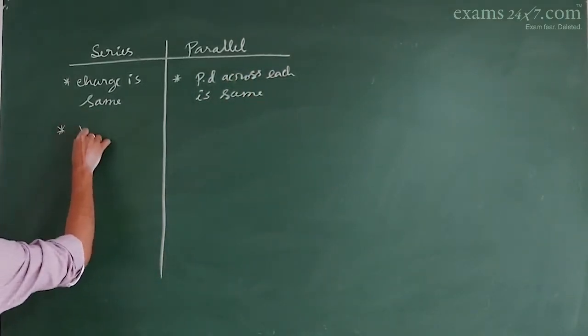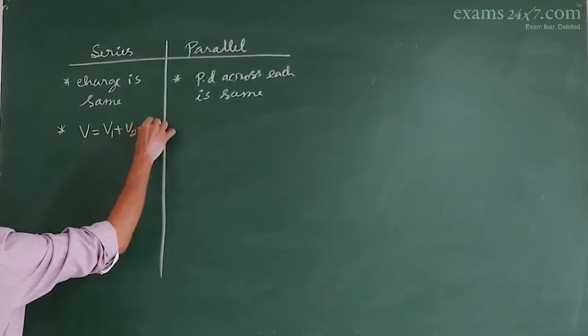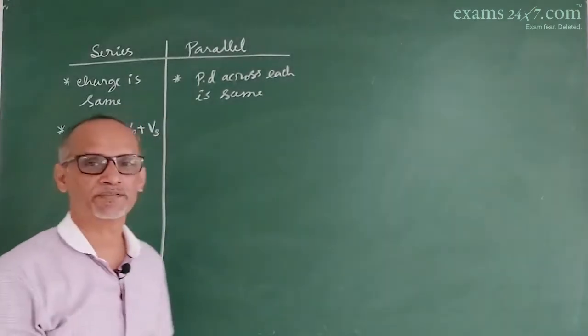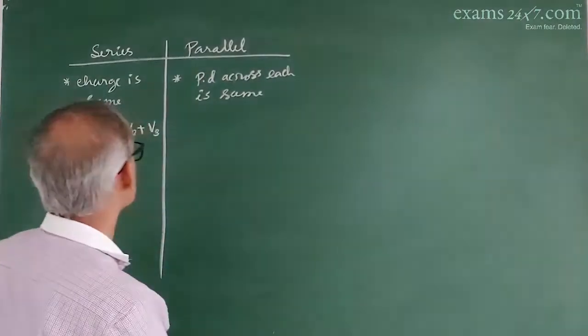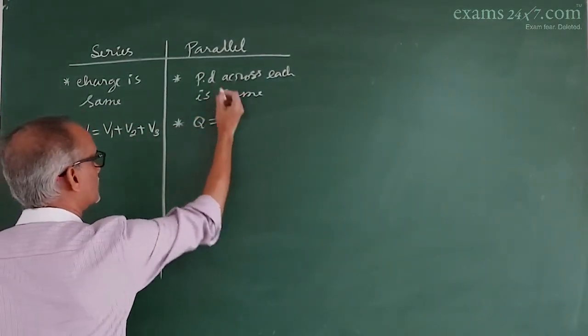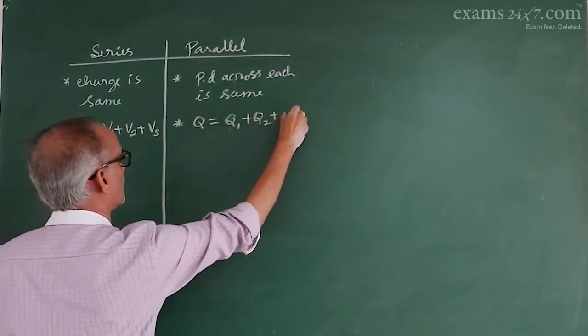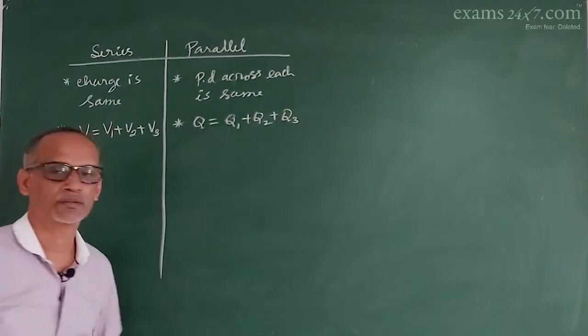In series combination, the potential difference across the combination is equal to the sum of the potential differences across each capacitor, whereas in parallel combination, the total charge stored in the combination is equal to the sum of the charges on each capacitor.